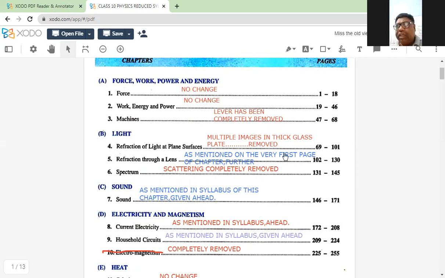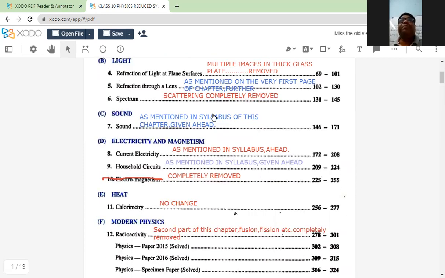Then refraction through lens, about this I will explain further ahead. Spectrum scattering has been completely removed. Then the next chapter is sound; about this also I will tell you later.